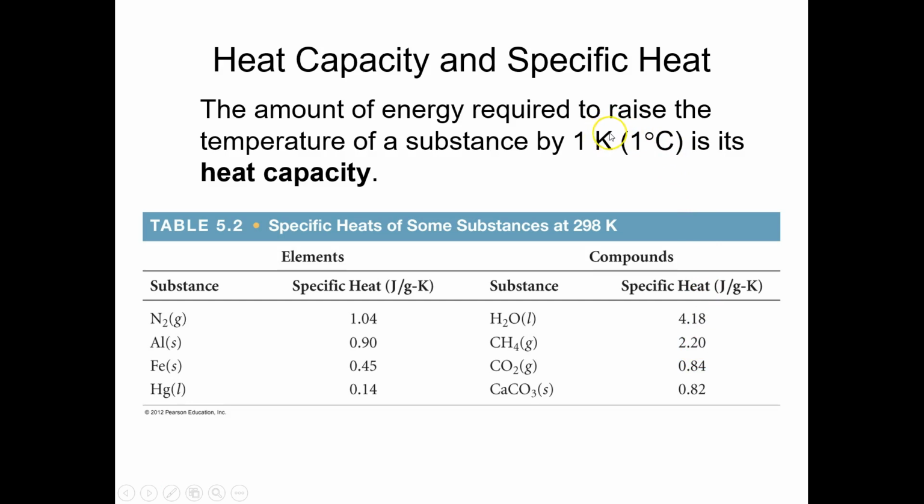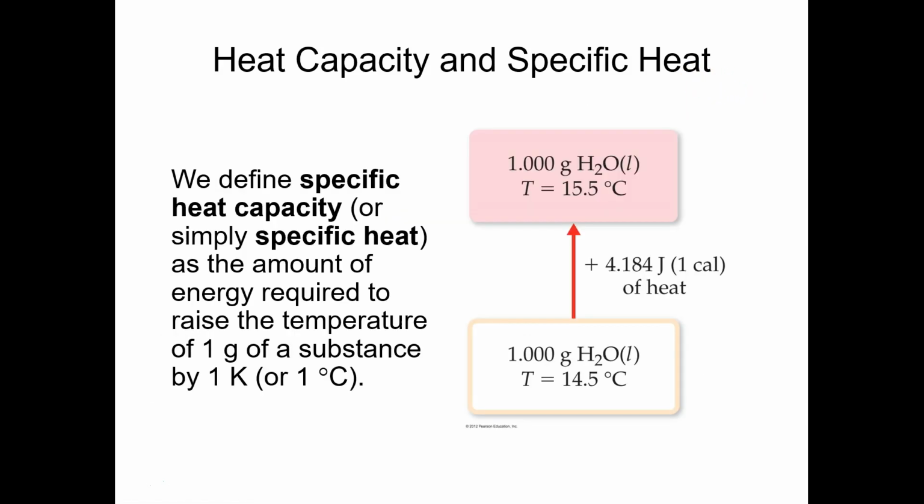A Celsius degree and a Kelvin have the same magnitude. Therefore, if I raise the temperature of a thing by 5 kelvins, from 298 kelvins to 303 kelvins, I'm also raising its temperature by 5 degrees Celsius, from 25 degrees Celsius to 30 degrees Celsius. So changes in temperature are the same in kelvins as they are in degrees Celsius.